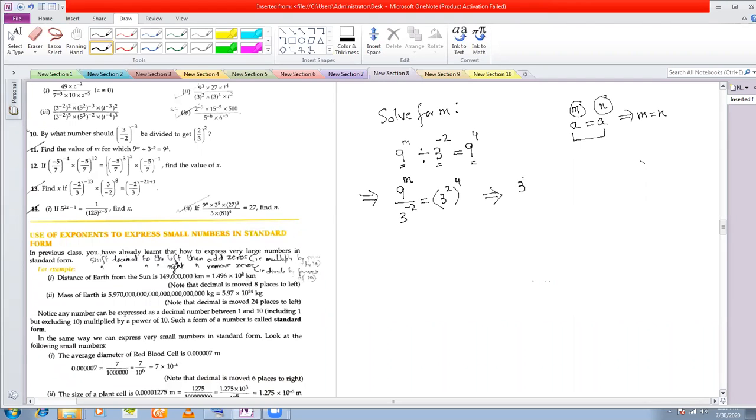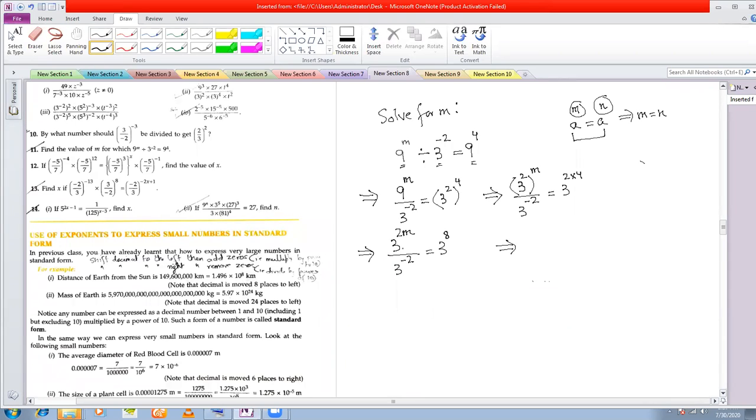Now 9 can be written as 3 squared again. So 3 squared to the power of m divided by 3 to the power of minus 2 is equal to 3 to the power of 2 into 4. Next, 3 squared whole to the power of m can be written as 3 to the power of 2m. Right, and 3 to the power of 2 into 4 is 3 to the power of 8.